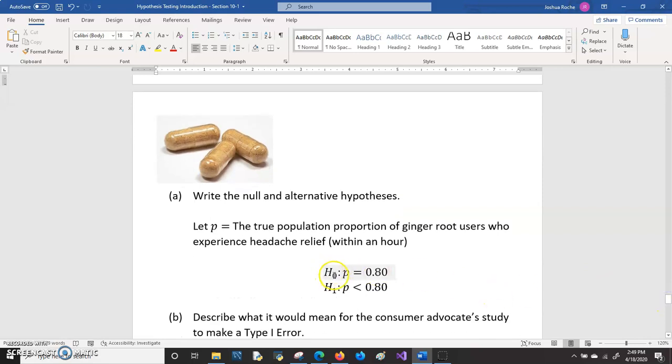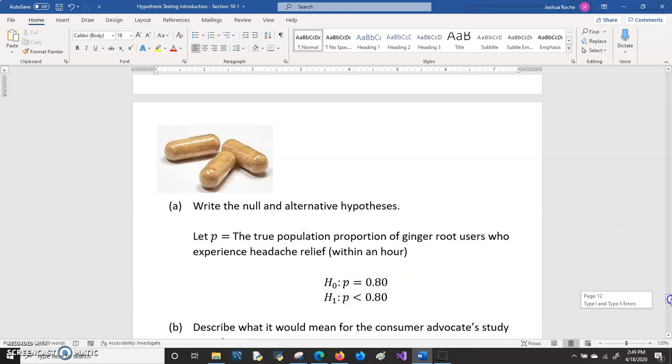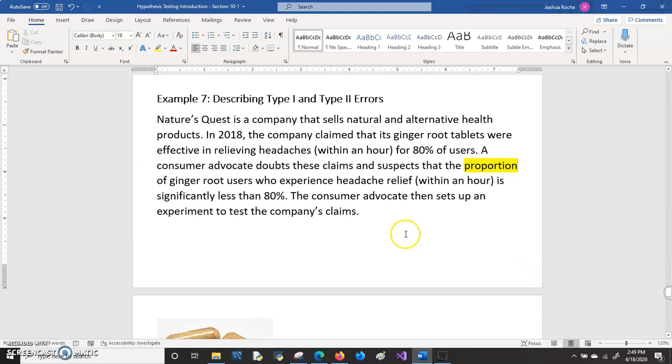The null hypothesis is that the proportion who experience relief in an hour is just what the company claims. It's 80%. The alternative is the belief of the consumer advocate.